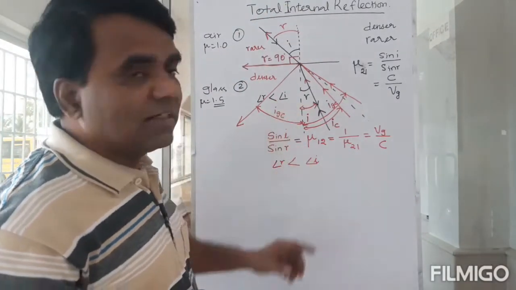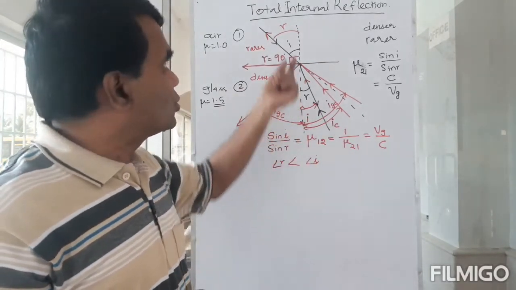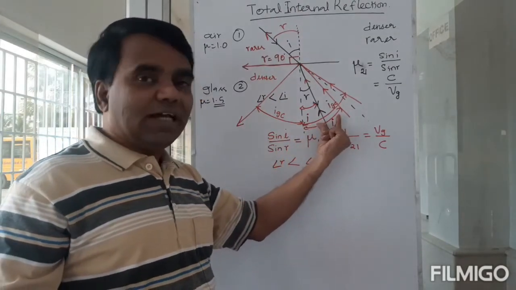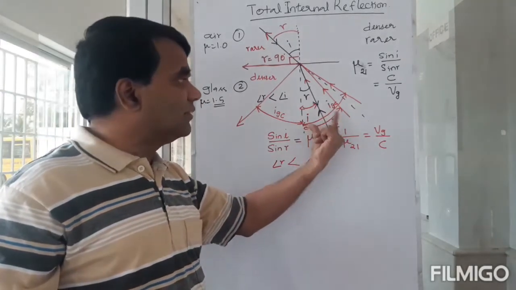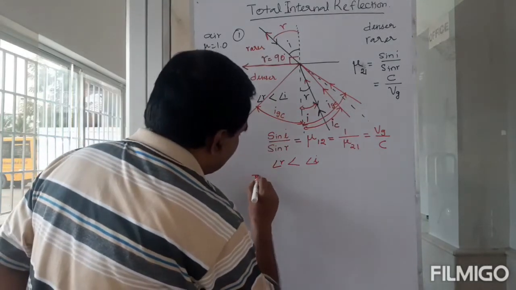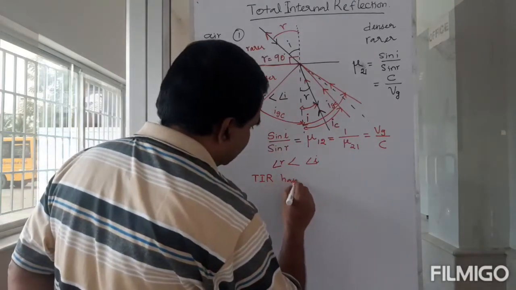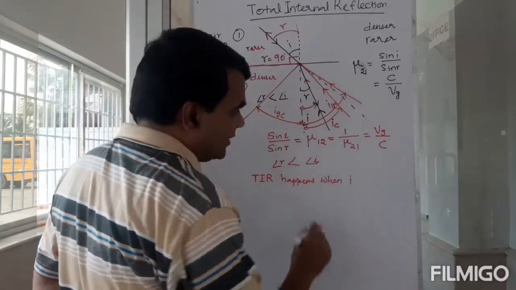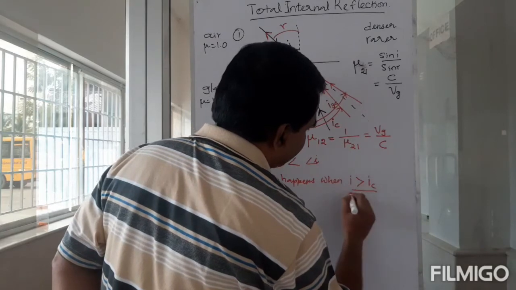So this is called total internal reflection. Total internal reflection takes place when the incident angle I is greater than IC. So this TIR, total internal reflection, happens when I, the incident angle, is greater than IC.